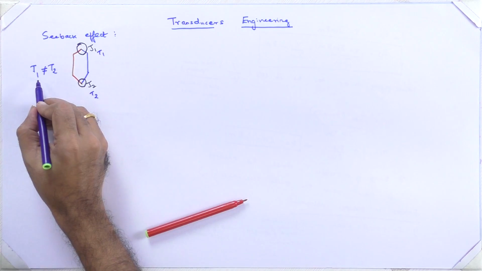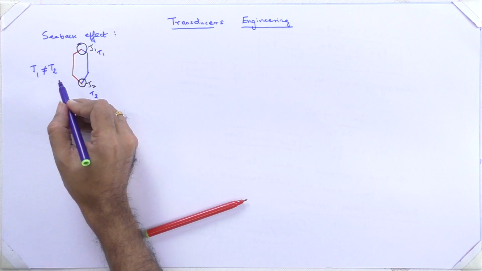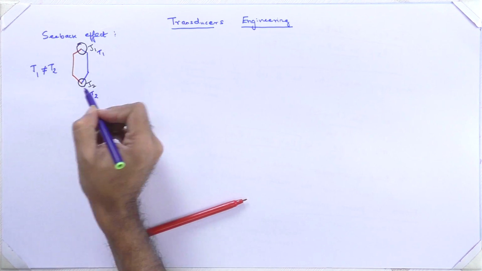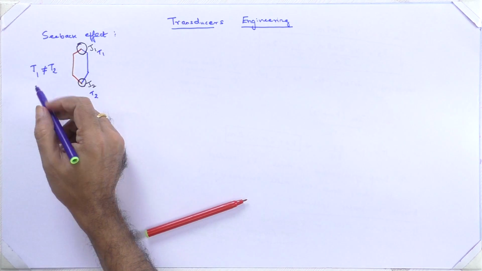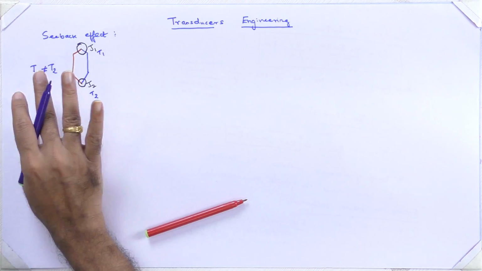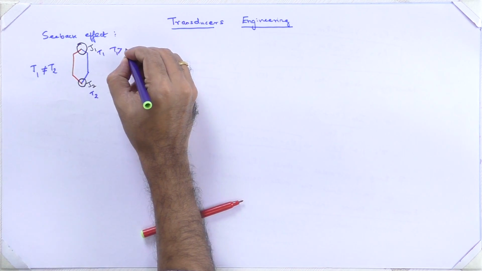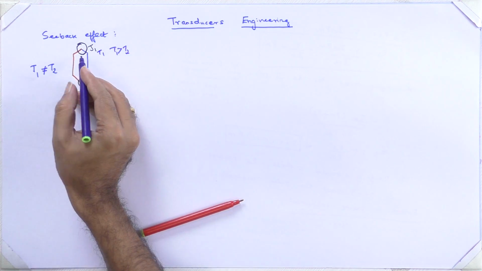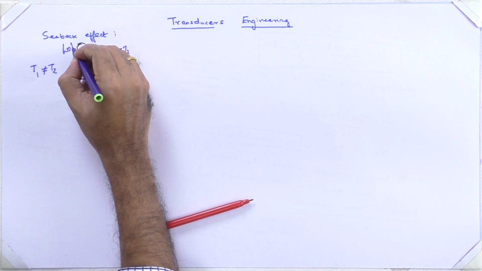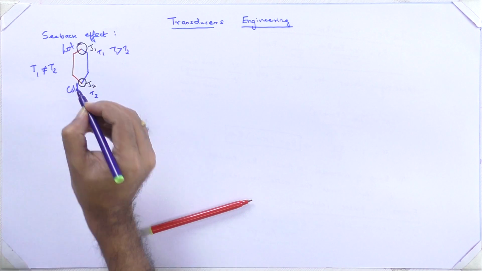Either the temperature T1 can be greater than T2, or T2 is greater than T1. Let us take T1 greater than T2. So this is called the hot junction, and this is called the cold junction.